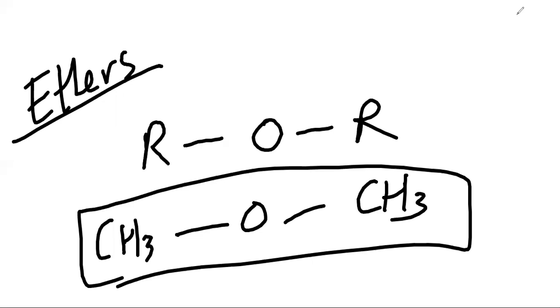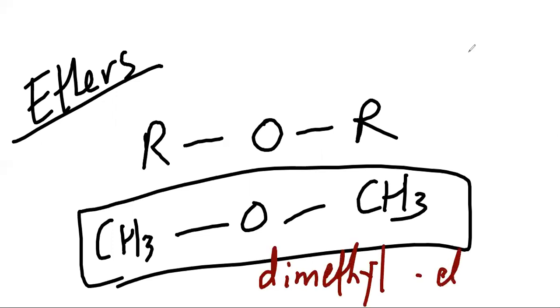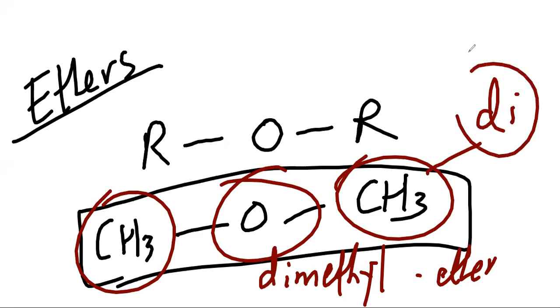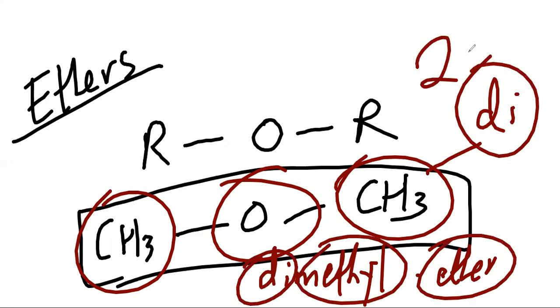Methoxymethane or dimethyl ether. Ether is the functional group, and dimethyl because there are two methyls. That's why we use di. Di means two, methyl, and ether is the functional group. Dimethyl ether. Another name is methoxymethane.